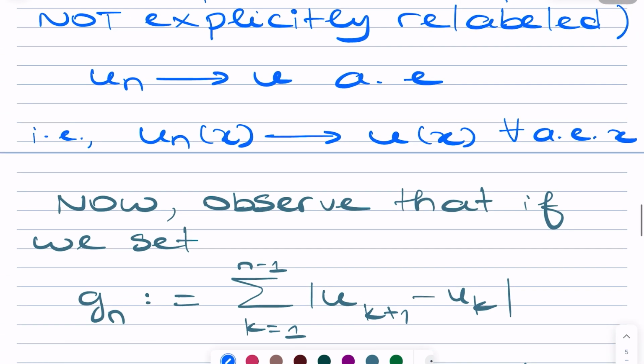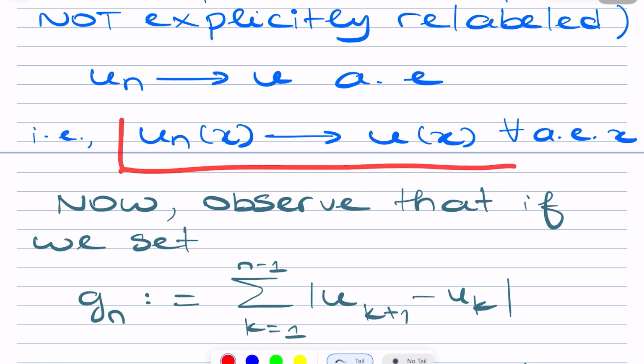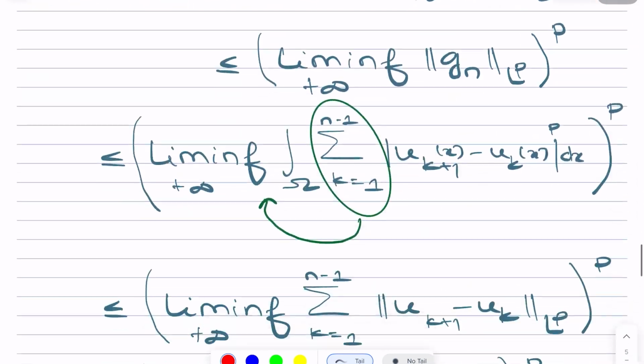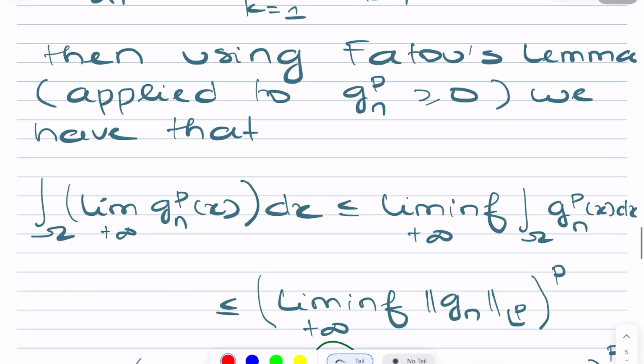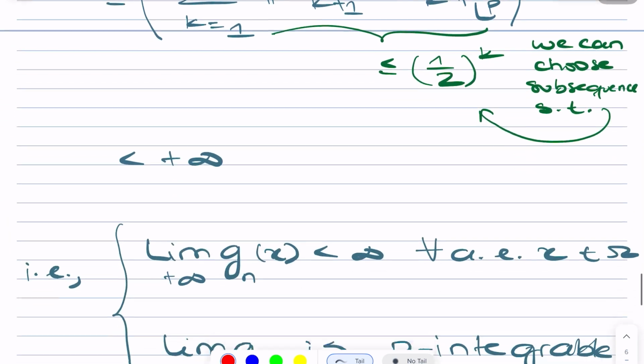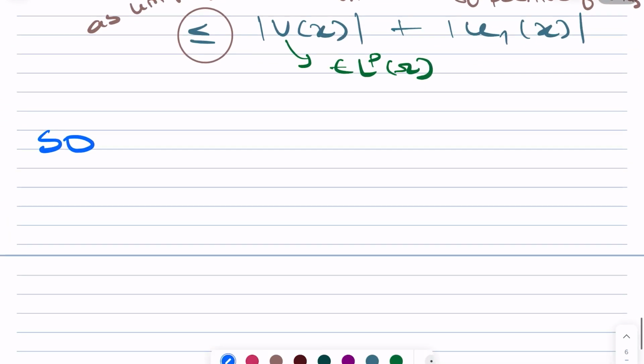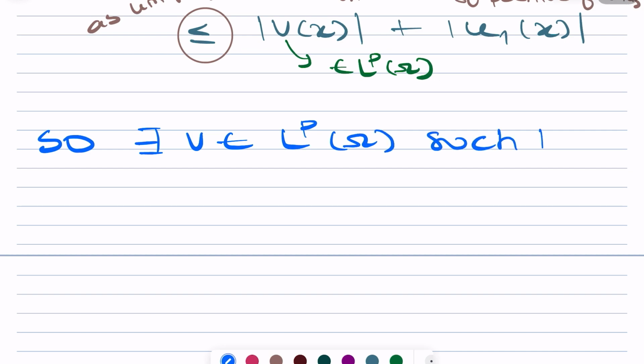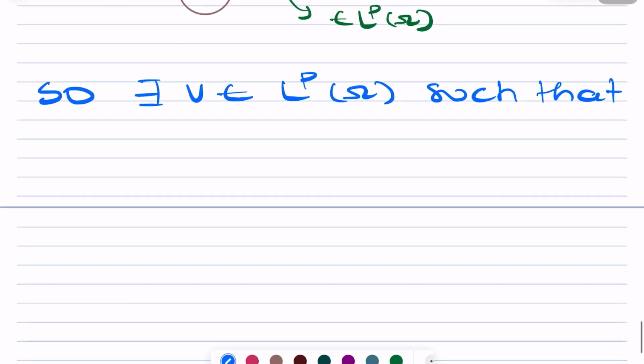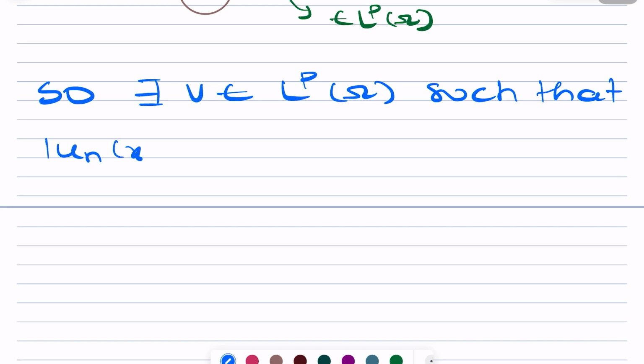So from the pointwise convergence of the sequence un to u of x, and due to all the steps that we did here, one can conclude that there exists a function v in LP of omega such that the absolute value of un of x is less or equal than the absolute value of v of x plus the absolute value of u1 of x.